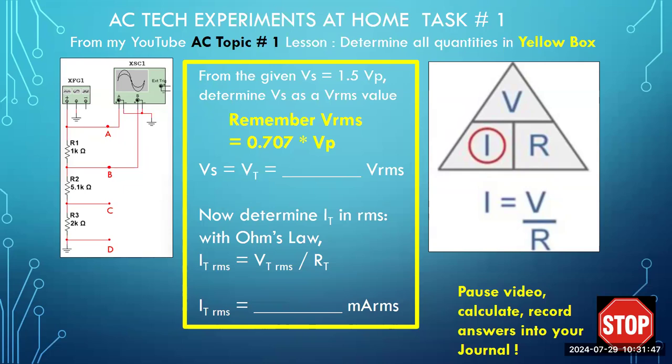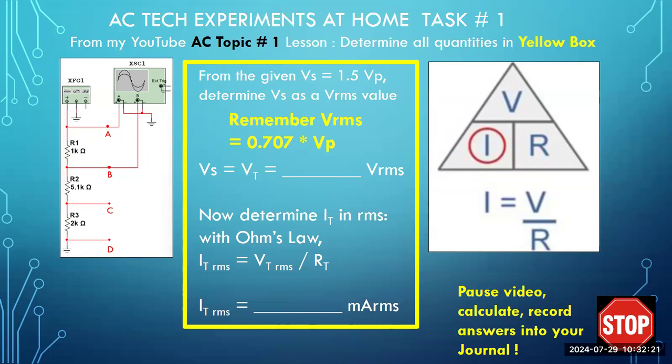So that being said, if I need to determine current, and the current needs to be in RMS format, I'm going to need to use Ohm's law. Ohm's law is reiterated for you on the right-hand side of the screen. If I'm looking for current, I circle the letter I. That's the goal. You can, on your screen, put your thumb over the letter I. What do you see that's left over in the triangle?